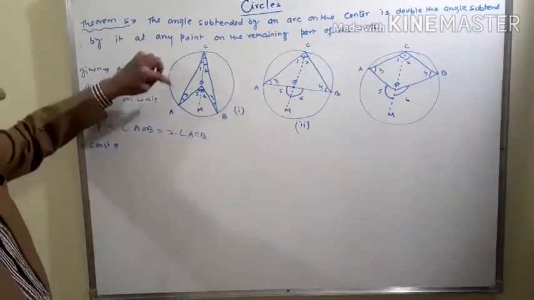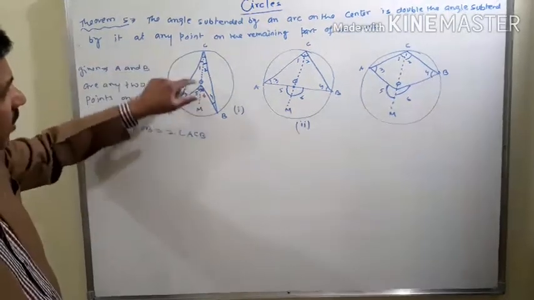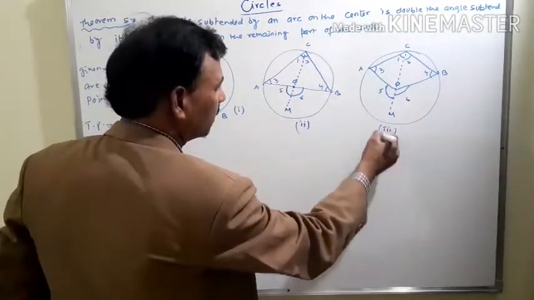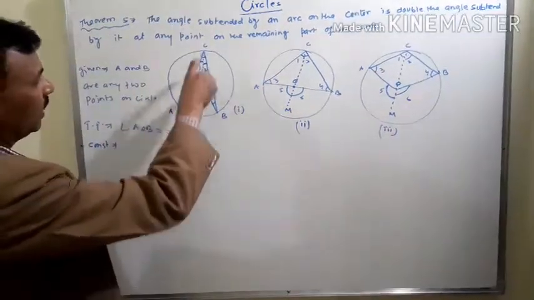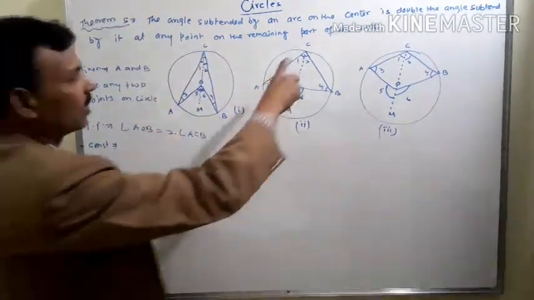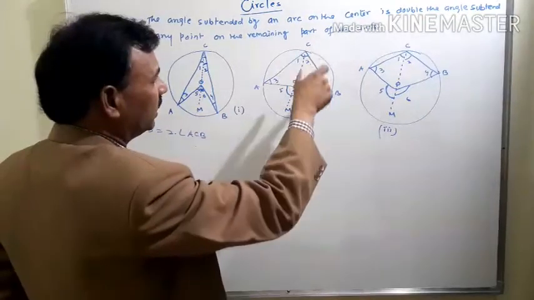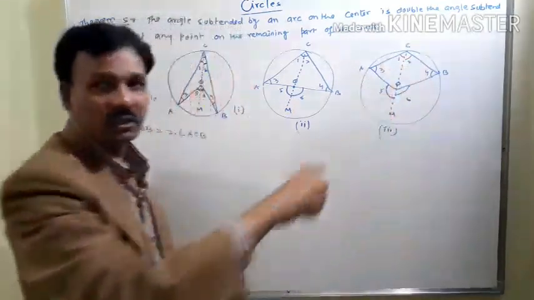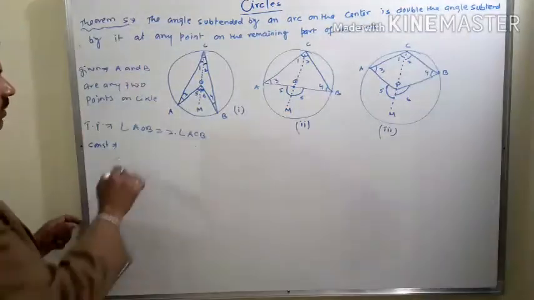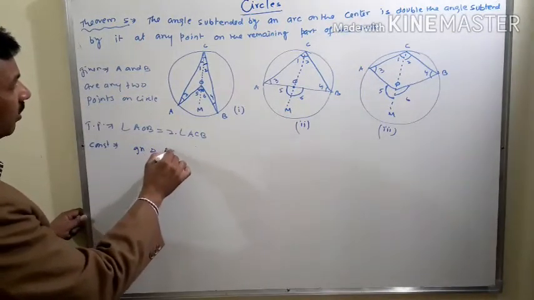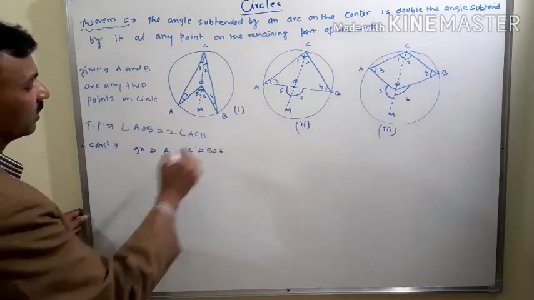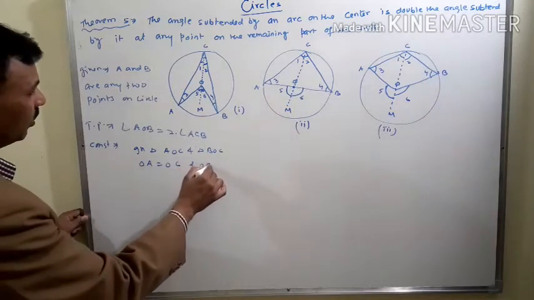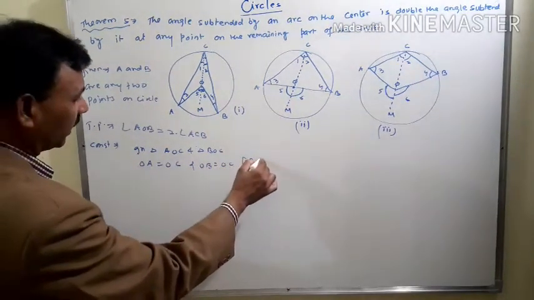Now, in triangles AOC and BOC, in all three cases, you can see that OA equals OC and OB equals OC, because these are radii of the circle.